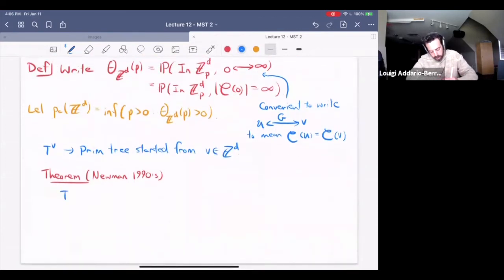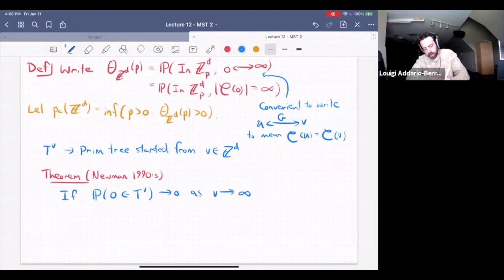So what Newman proved is that if the probability that the origin is in this tree tends to 0 as the starting vertex gets far away, Euclidean distance, say, then the percolation probability at the critical value is equal to 0.